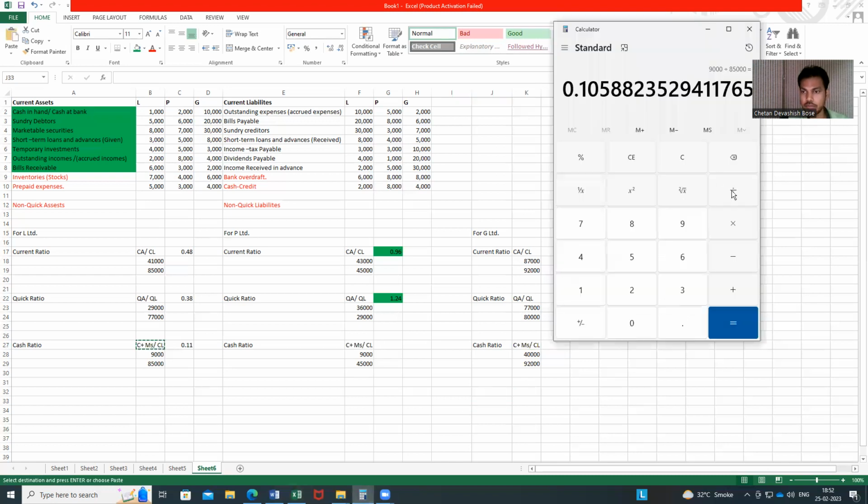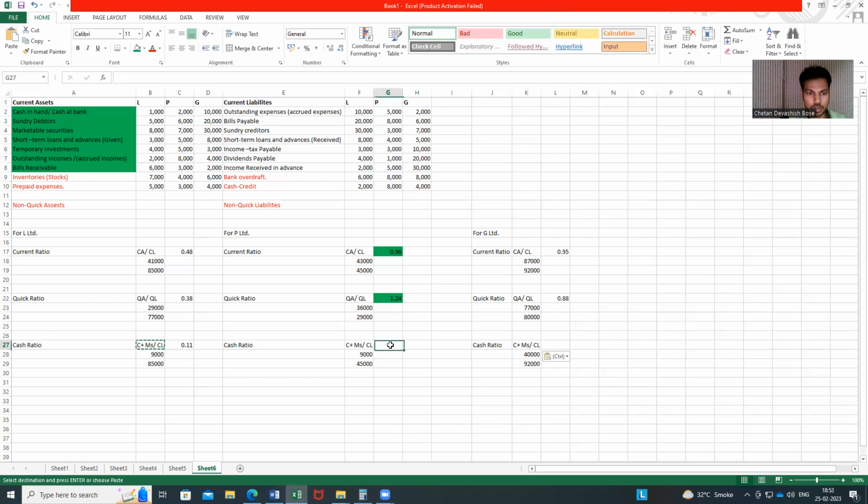Now 9,000 divided by 45,000. I hope you know where I got the denominator amount from. 0.2. By the way, 0.2 means 0.20, which you will never see written, but 0.2 is 20.